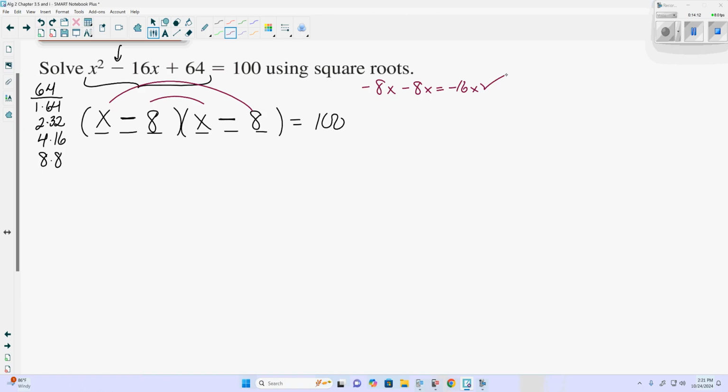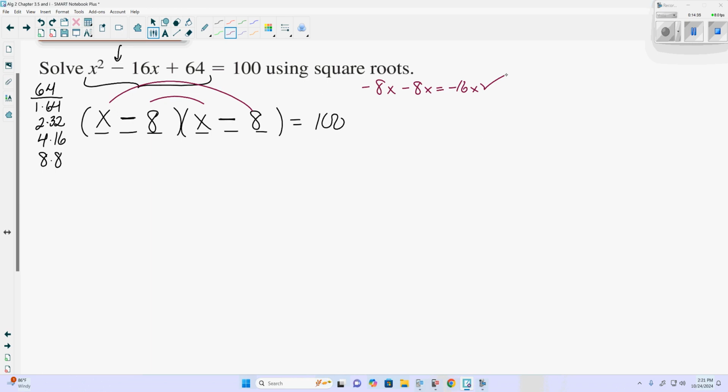Now, at this point, the zero product property means nothing for this problem. Because the zero product property states that if we have 2 or more things multiplied together to equal 0, one of them has to be 0. This is not equal to 0. It's equal to 100. There's many, many different ways we can multiply 2 things together and get 100. So that doesn't work.